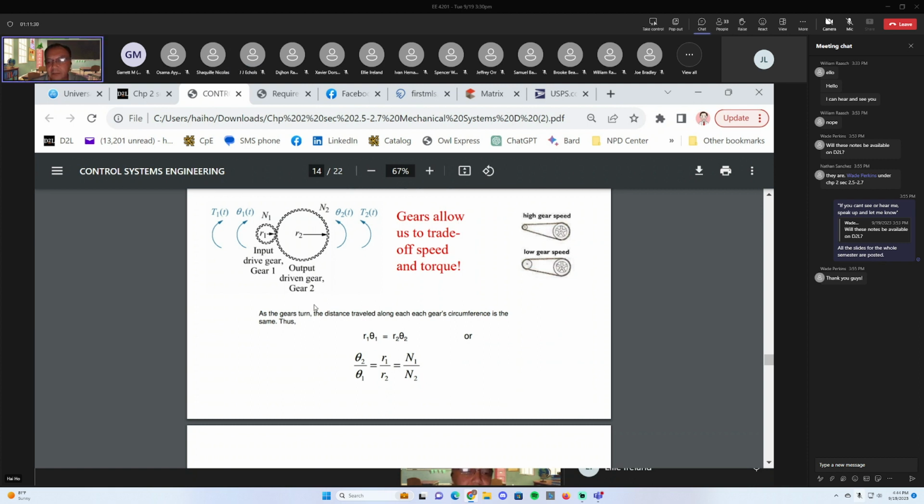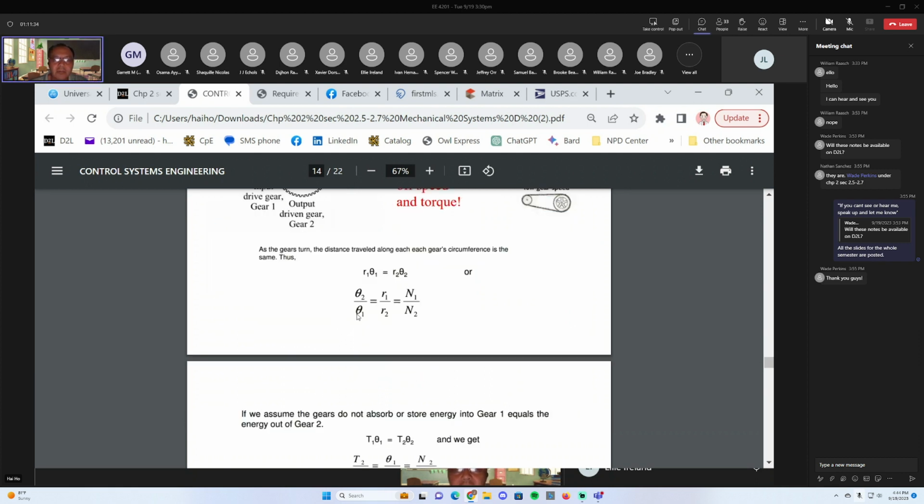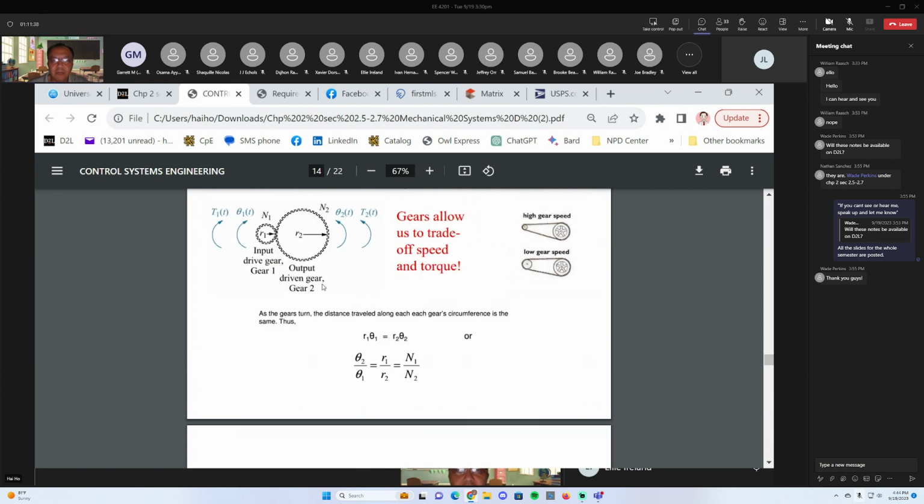Okay, everybody good? All right. So theta 2 over theta 1 is N1 over N2. As N2 gets larger, like I said earlier, in our application the output gear is always going to be larger than the input gear, meaning N2 is greater than N1, which means that this ratio is going to be less than 1.